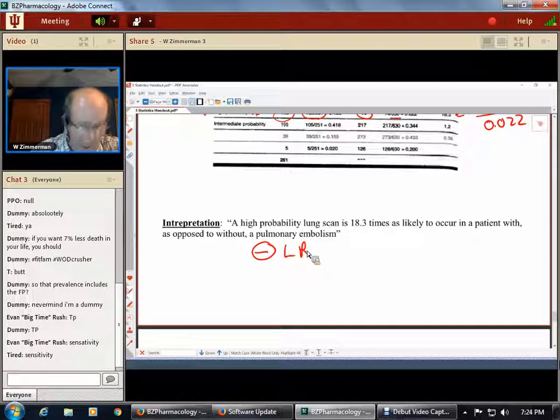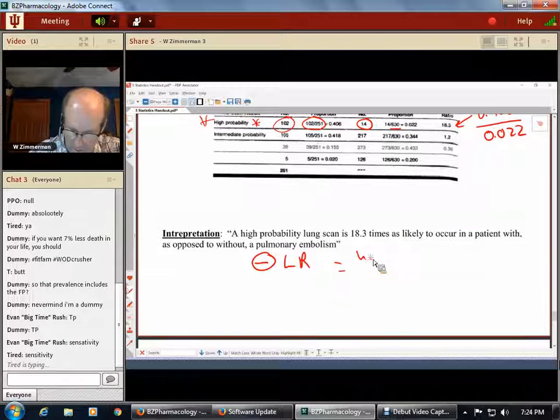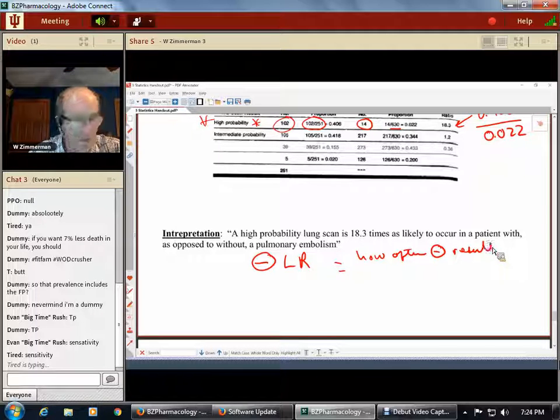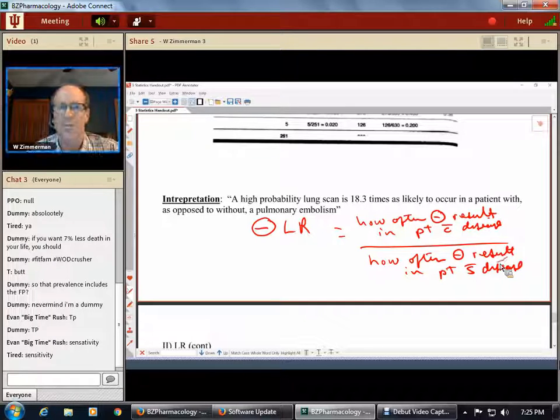And in that case, what that's asking is, how often you get a negative result in a patient with the disease versus how often you get a negative result in a patient without the disease. Well, see, they're both useful.